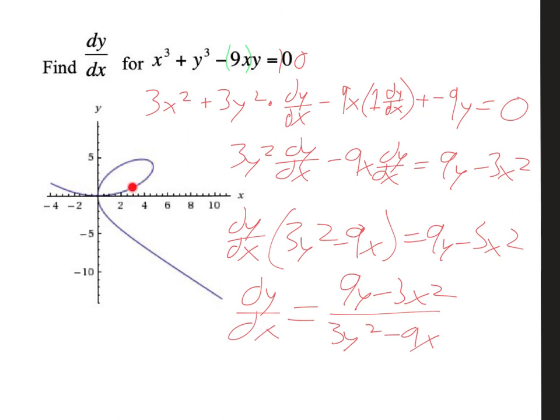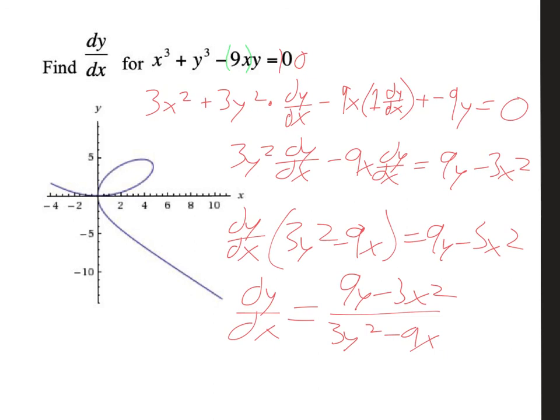You're talking about this one, or this one. Those appear to be three different slopes, two positive slopes and one negative slope. So how do I know which one you're talking about? Well, the only way I know is if you give me not only an x, but also a y value to plug in. And then I can find the slope at a particular point using both the x and the y.